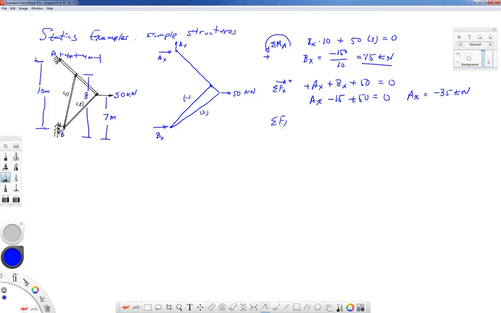And then finally, summation of forces in the y direction. We have just Ay equal to 0. We do not have any other forces applied in the y direction. We have a roller down at the bottom, so that's all we get. If you did have other forces applied to the structure, then Ay may not be equal to 0. You just have to work through the statics.